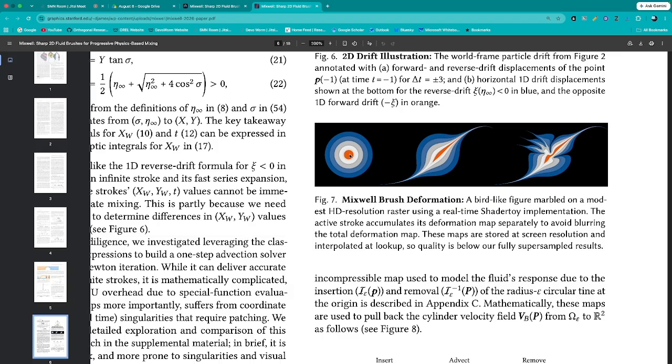It goes from the cylinder, this set of concentric circles, and then that's deformed along the edges, forming the body of the bird, and then forming some other aspects of something that looks like a bird. So you see that this process of diffusion and advection produces this pattern.